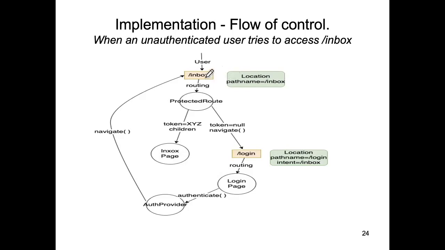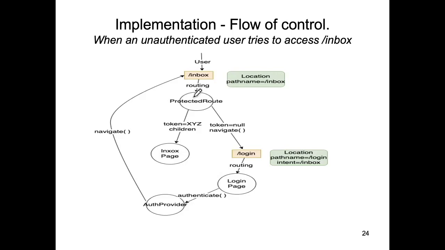That's fine. Now, when the user tries to access the /inbox route, based on my routing configuration, the protected root component kicks in. It sort of intercepts the routing configuration.